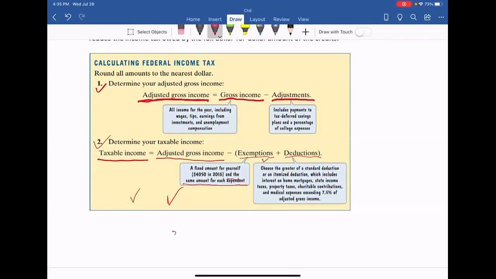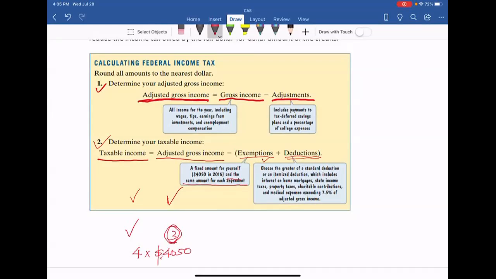So if you have 3 dependents, you have an exemption for yourself, and also 3 exemptions for your 3 dependents, that means you have 4 times the amount of exemption. That's 4050 from the tax table.